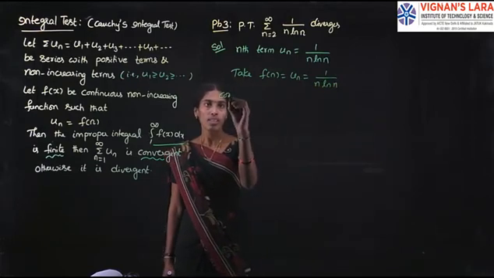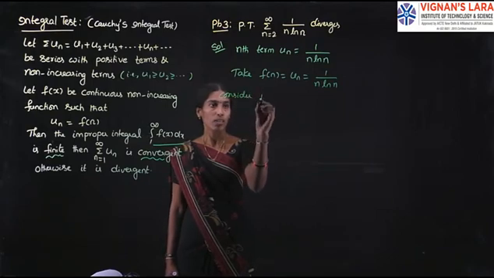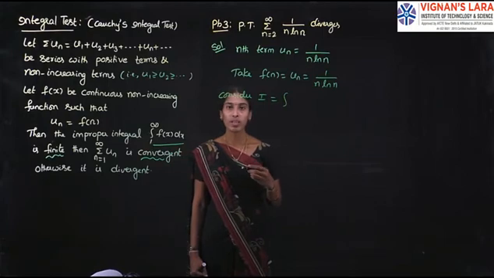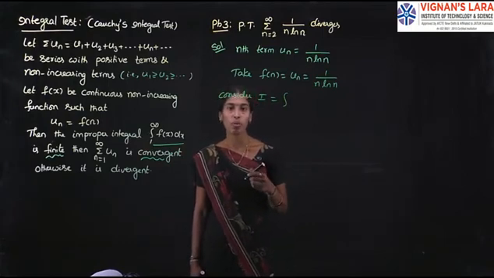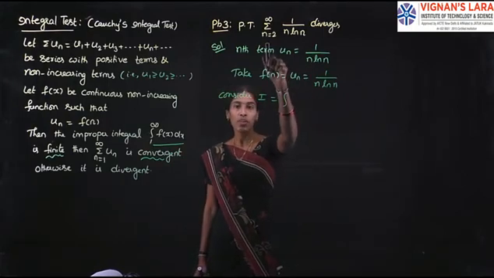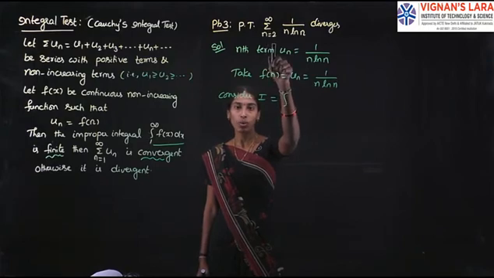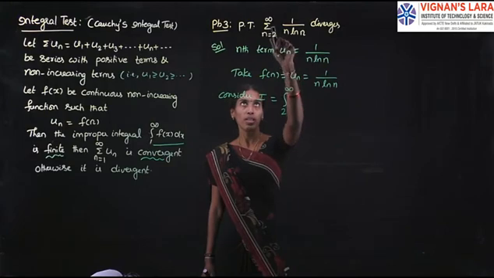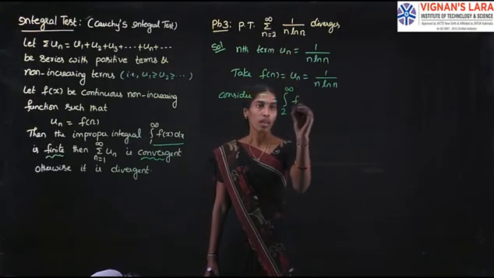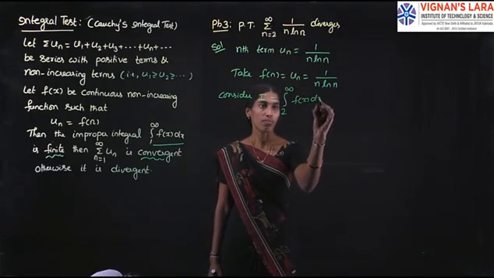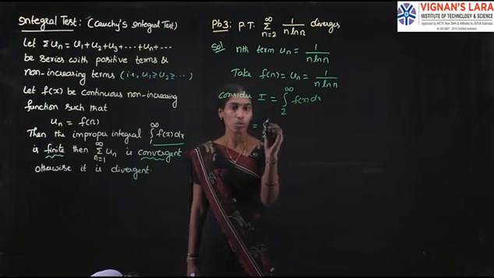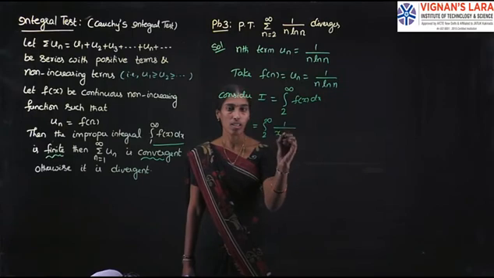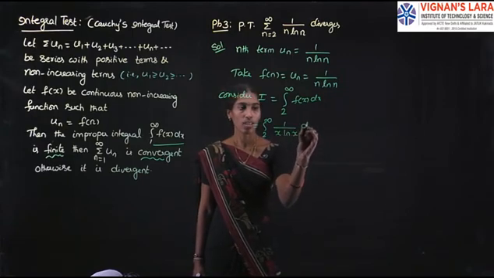Now consider the integral I is equal to integration. To write the limits of the integration, we have to be careful about this summation sigma, where n starts with 2. So the integration lower limit is 2 and upper limit is infinity, f of x dx, which is integration 2 to infinity of 1 by x into ln of x dx.